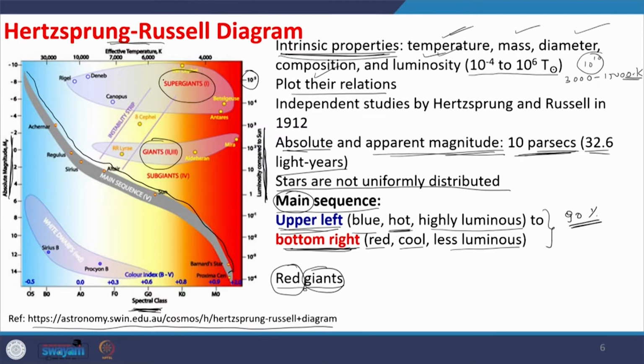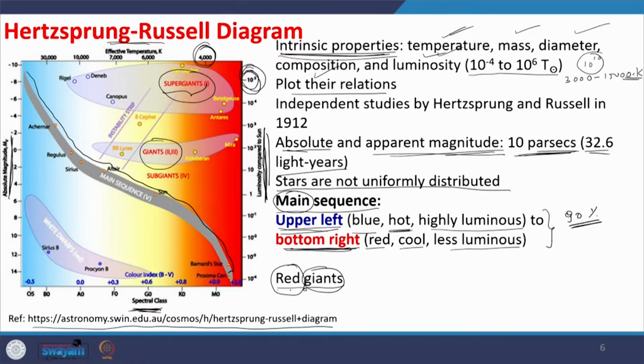They are red in color, low temperature, but high luminosity. The red giants, and above that the super giants, have luminosity very high, like 10 to the power of 5, temperature very low, like 4000, and color red.